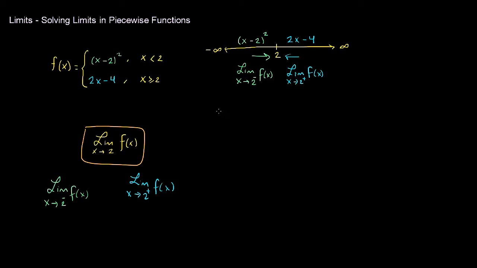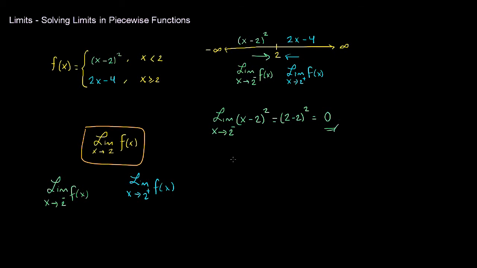I'll start with the green one here. The limit when x approaches 2 from the left for f of x, I'm going to directly write the statement here, this one here, and we can just substitute right away the number 2. We can see we won't be getting an undefined here, so I'm going to substitute directly. So it will be 2 minus 2, squared, that will be a 0, so we get at the end a 0. So the limit when x approaches 2 from the left is equal to 0.